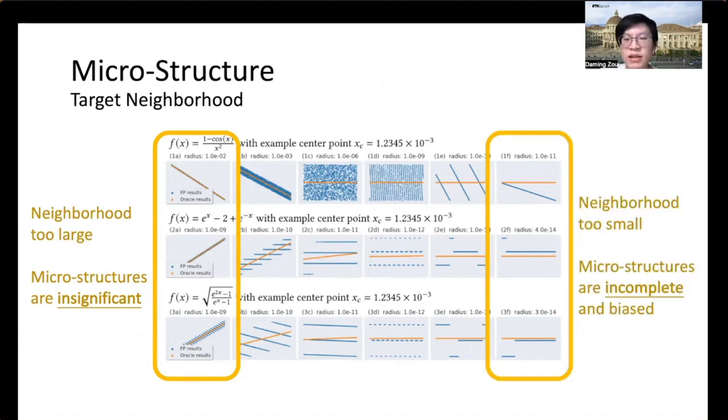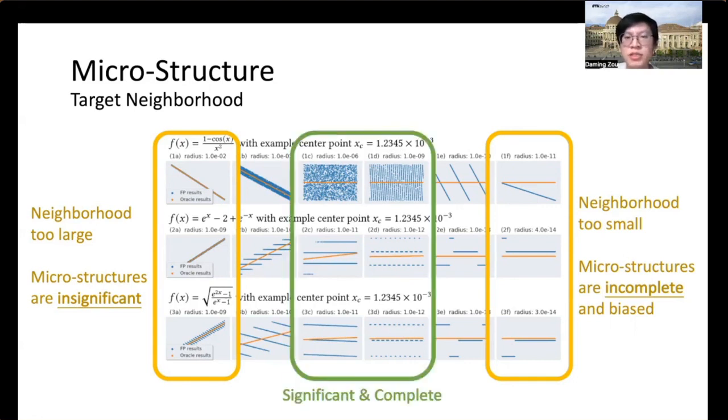On the right hand, microstructures are incomplete and thus biased, which will further lead to biased estimation. So these are not ideal neighborhoods either. Thus, on the middle columns, the microstructures are both significant and complete, where estimating the oracle becomes possible.